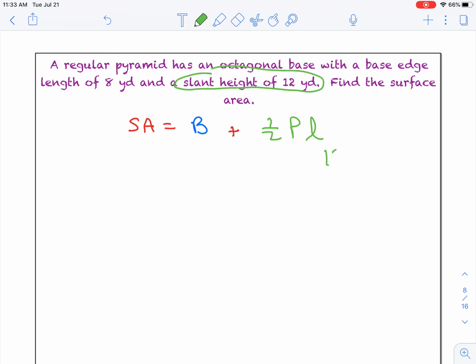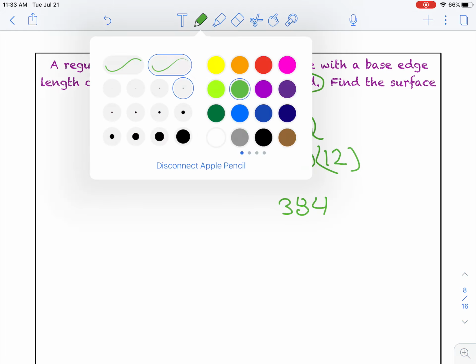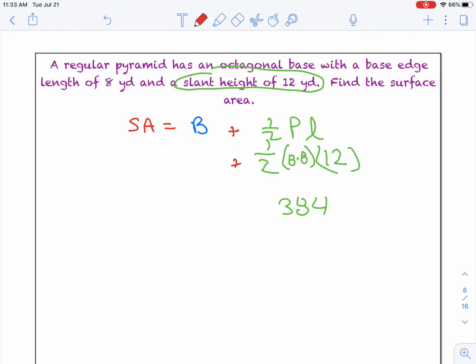So slant height of 12 yards, I can put a 12 in there. It's regular, so my perimeter is 8 times 8. So I have all of my lateral area right there, and that is actually 384.